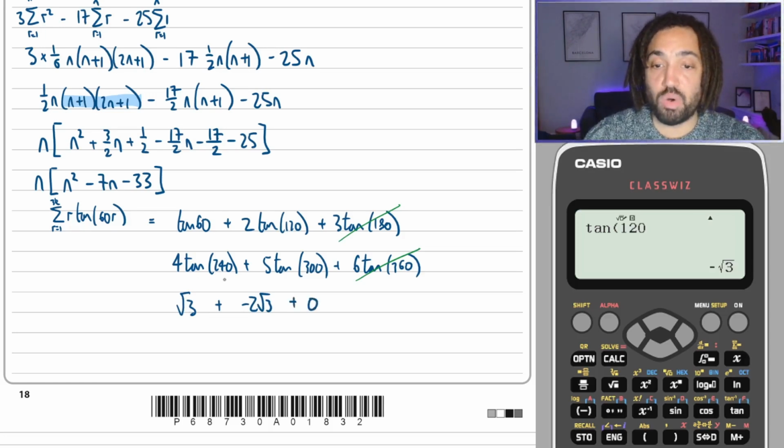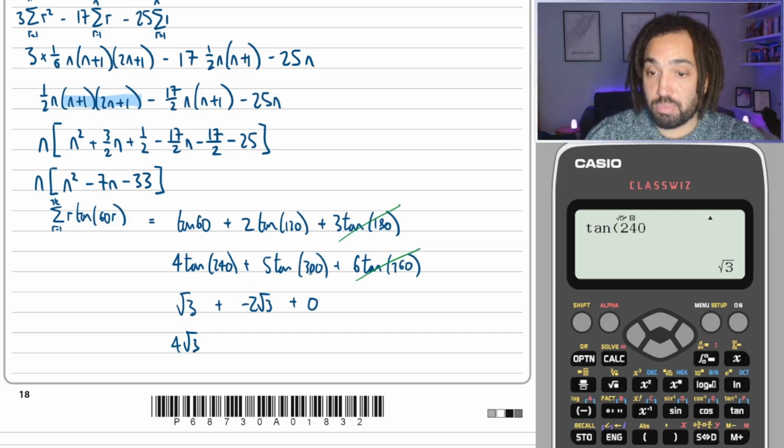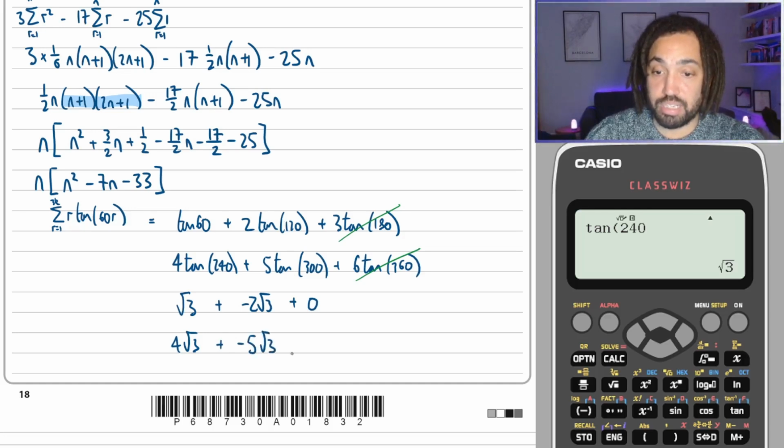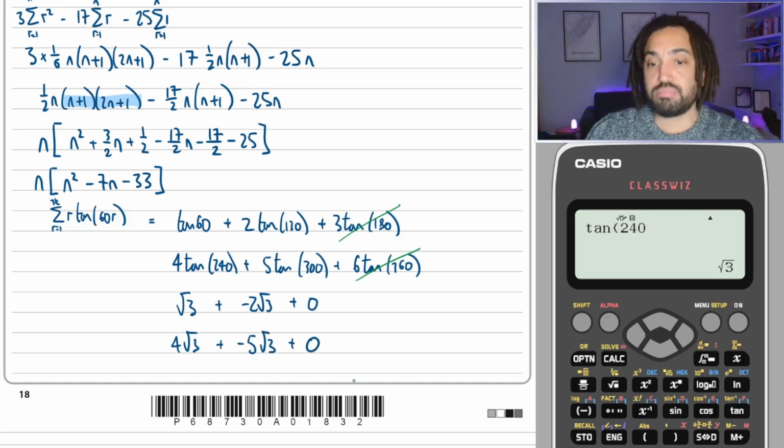And then for tan of 240, because tan repeats every 180, it's going to also be root 3. So this is going to be 4 root 3. And again, because it repeats every 180, it's going to be the same, these two. So this is going to be minus 5 root 3, like this. Okay, so what does this mean?